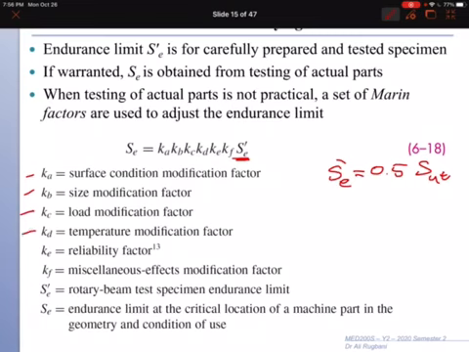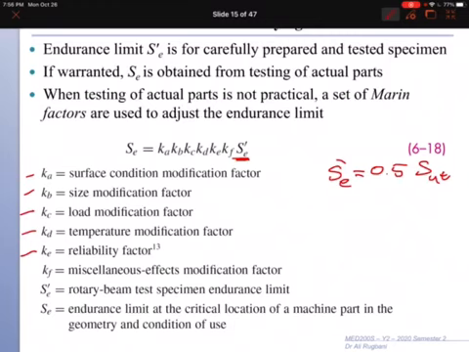We need to modify for the surface conditions. If we have different surface conditions, then we need to include Ka. If we have different size, different diameter, different length, then we need to apply Kb, size factor. If we have different type of load, if load is not bending, then we need to apply Kc.